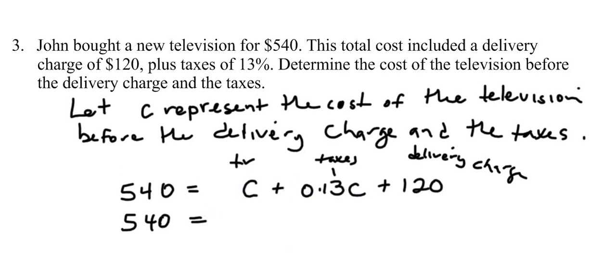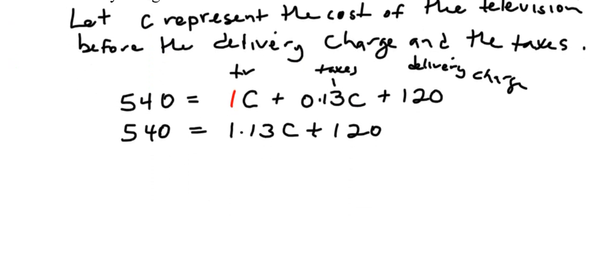There's like an invisible 1 in front here. These are two like terms, so this is going to be 1.13C plus 120. And really I want to figure out what C is, so now I'm going to subtract 120 from both sides to get C by itself on the right hand side.